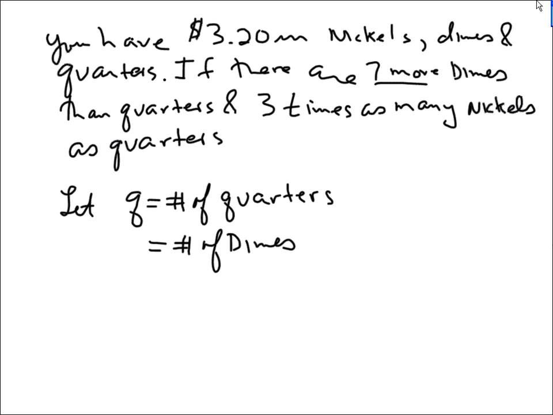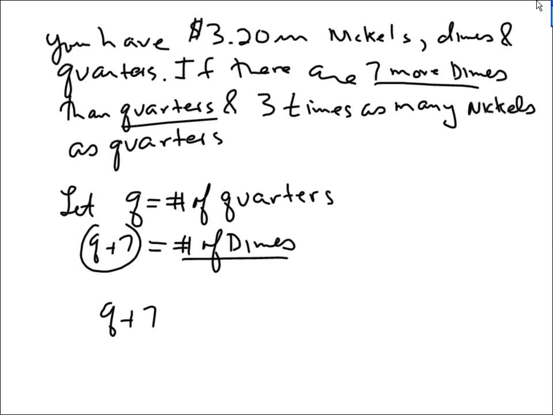You have 7 more dimes than quarters. Well, I take the number of quarters and I add 7 to it. That's 7 more than the number of quarters. The number of dimes is Q plus 7.